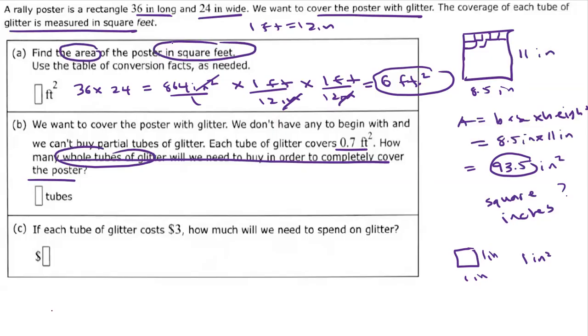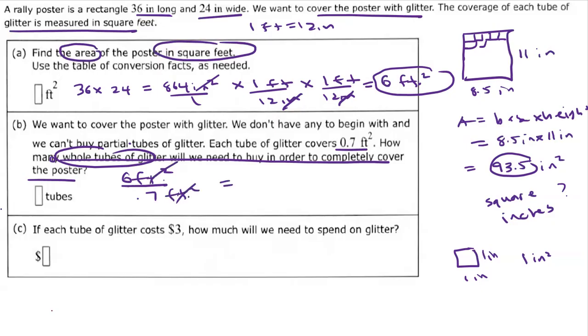So we take the 6 square feet that we got on part A, and each tube is 0.7, so we just divide that by 0.7.